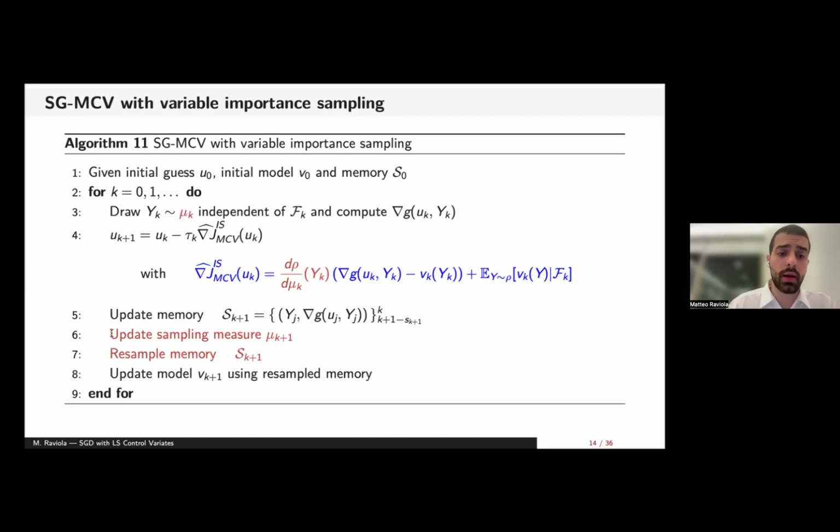Then we also have to update the sampling measure and then resample the memory. And finally, we update the model at step v k plus 1 using the resampled memory, which is now with observations drawn from distribution mu k plus 1. And you see that, by induction, if you do this at each step, you do get a consistent memory at each iteration.